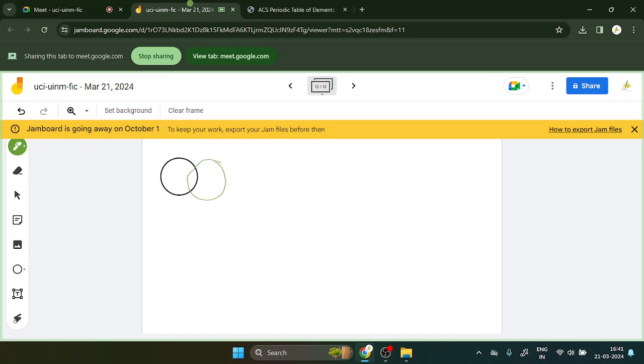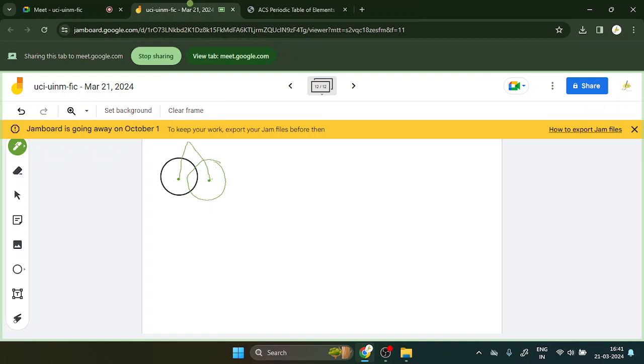As you can see, they are combining. It's a molecule, because two atoms are combined together. This will be their nucleus and this will be their nucleus, and the distance between these two nucleuses.